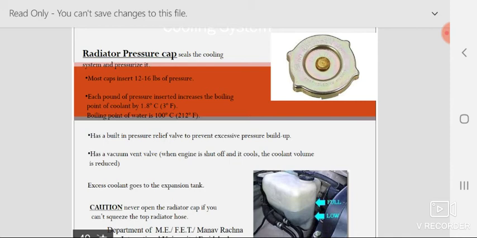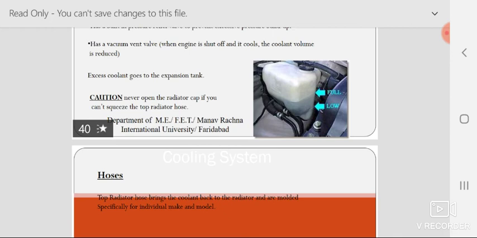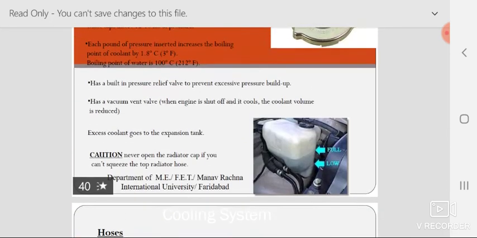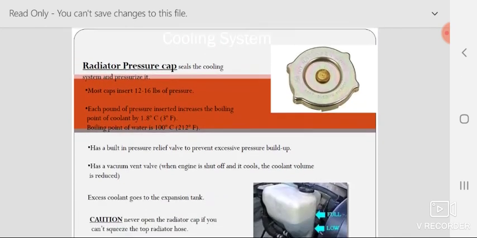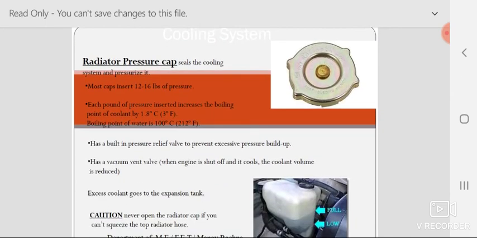As the boiling point increases, the coolant inside does not boil. And then, as I said, in a radiator there is an expansion tank. The extra fluid goes to the expansion tank, the extra fluid which comes into the radiator at the inlet.